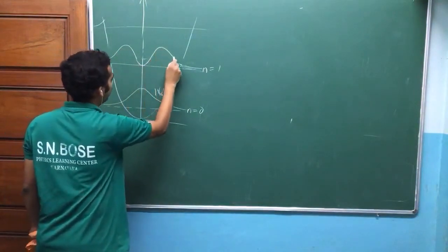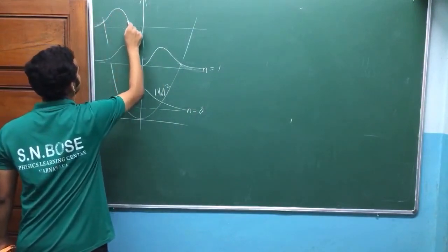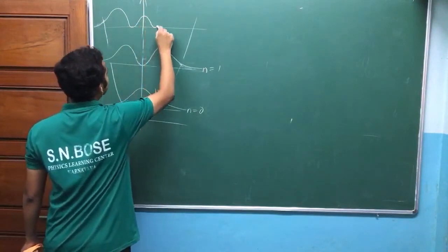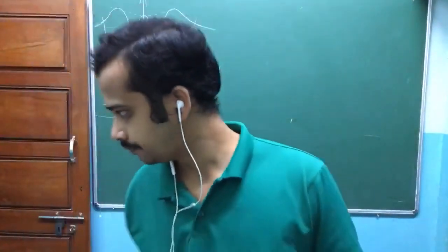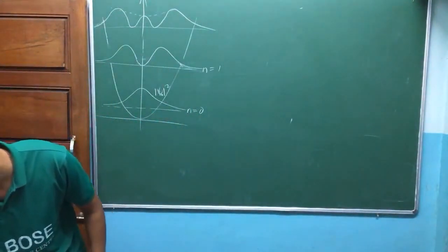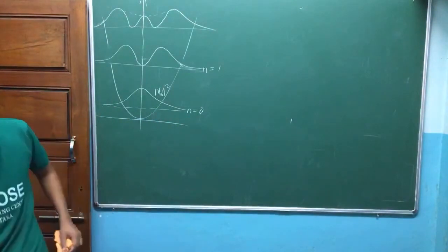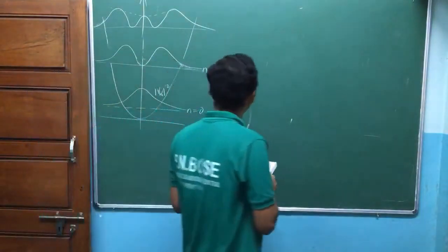Now, this would be like that. If you observe, look here, if you take the peaks, just observe for higher states. So like that, he plotted mod psi 60 whole square, isn't it?